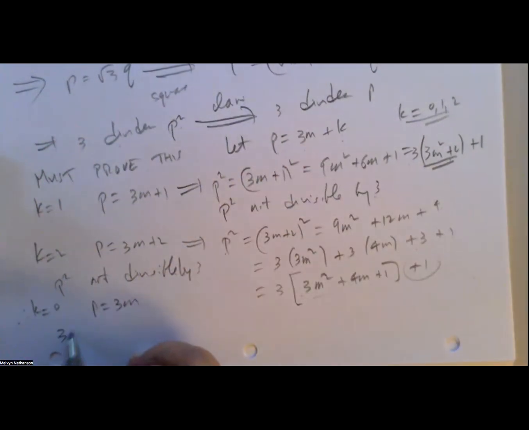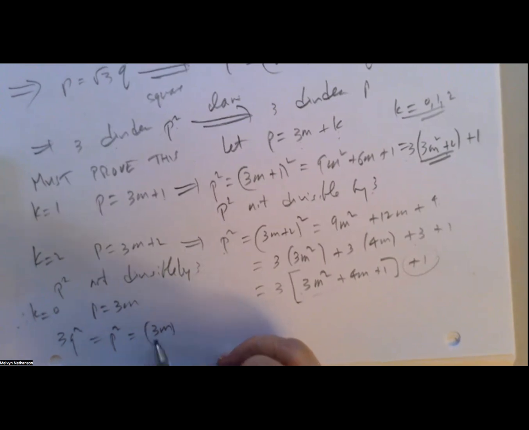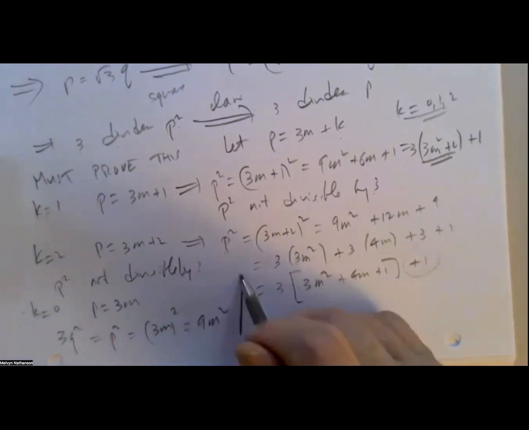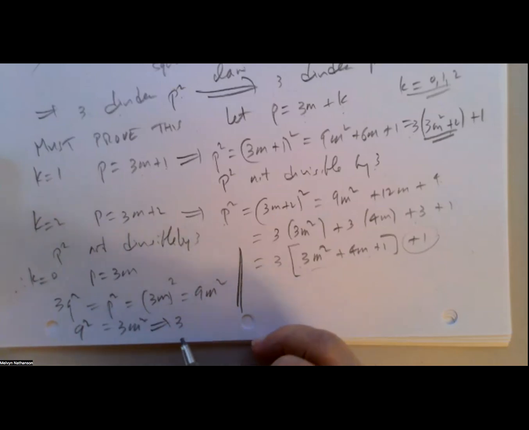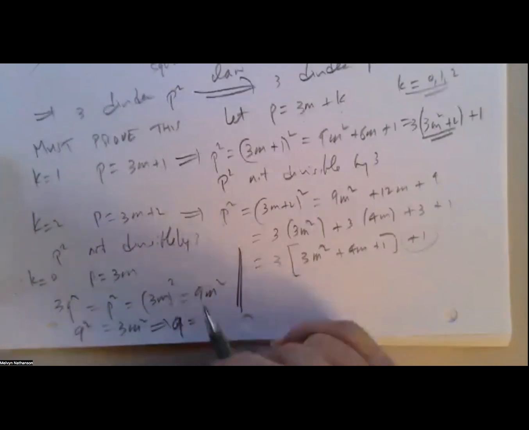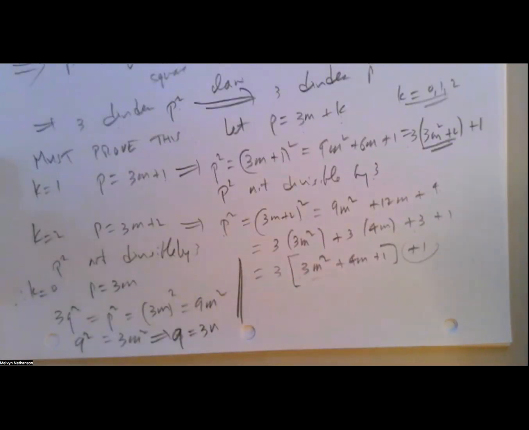So we have 3q squared equals p squared. P is this multiple of 3, so p squared is (3m) squared. That's 9m squared. Divide by 3, q squared is 3m squared. So q squared is a multiple of 3, which means q is some multiple of 3, 3 times n.